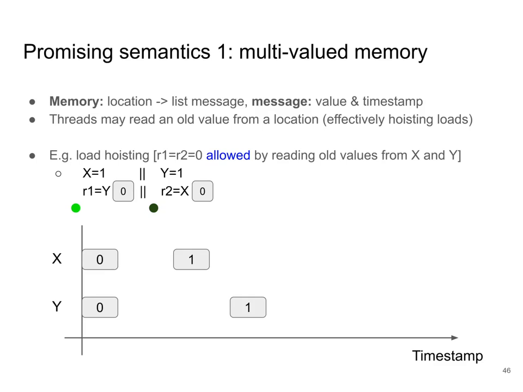So this basically allows load hoisting, reading from an old value, or loads being hoisted across an earlier instruction. It is the same thing, but represented in a different flavor. Anyway, we are going to be able to read 0 for both reading instructions in a single execution. So this basically allows load hoisting.